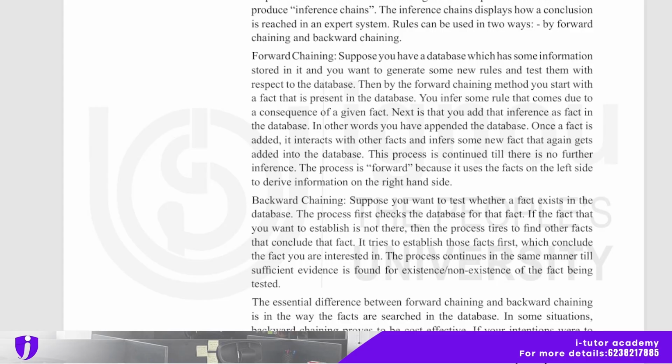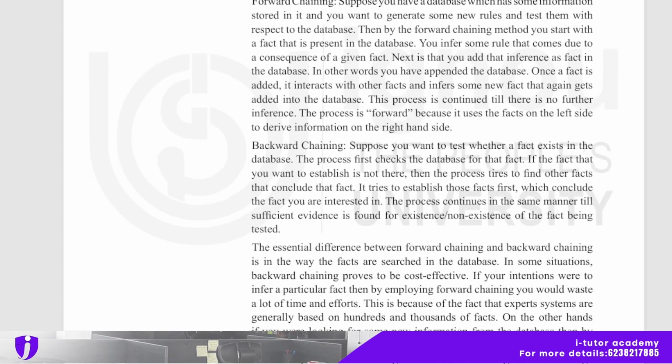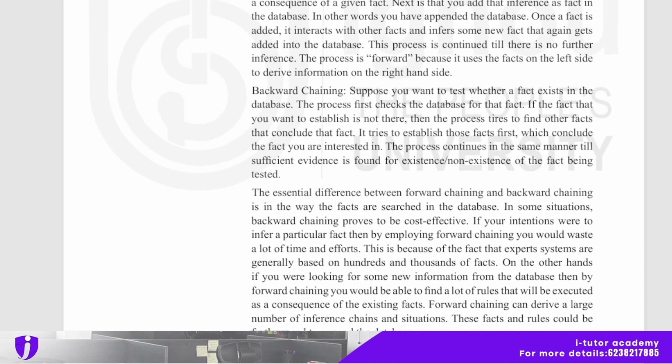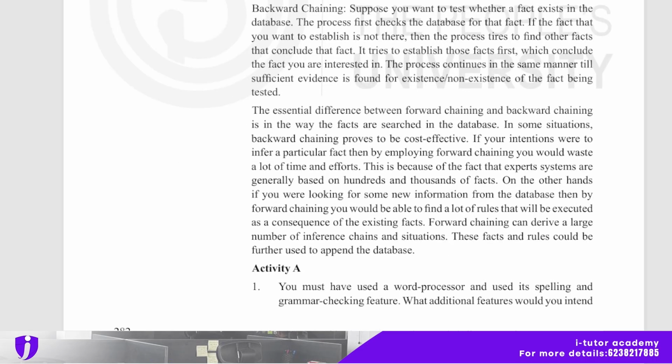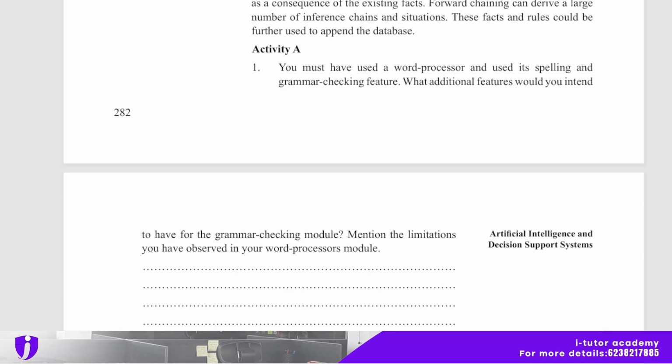The essential difference between forward chaining and backward chaining is in the way the facts are searched in the database. In some situations, backward chaining proves to be cost effective. If your intention is to infer a particular fact, then by employing forward chaining, you would waste a lot of time and effort.